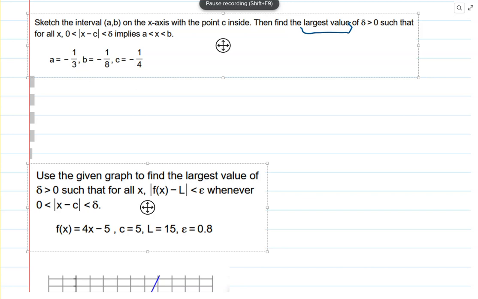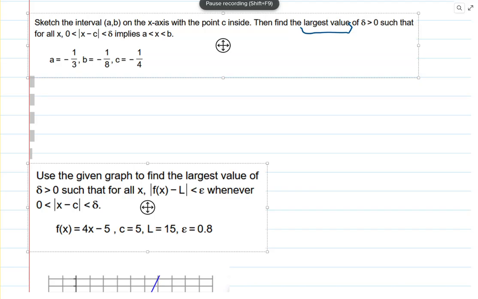Is everybody comfortable? All right. Where delta is greater than 0, such that for all x, 0 is less than the absolute value of x minus c less than delta, implies a is less than x is less than b.